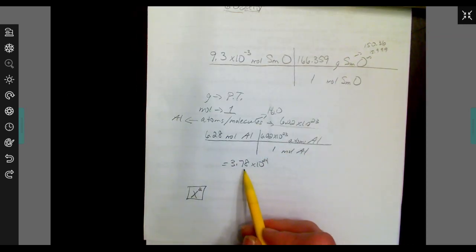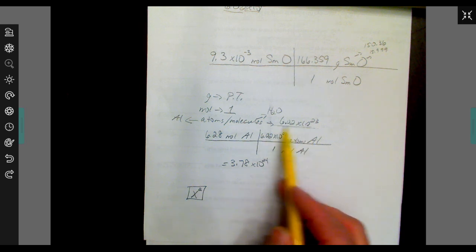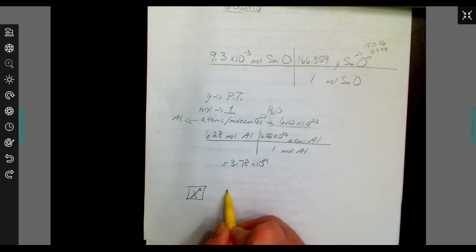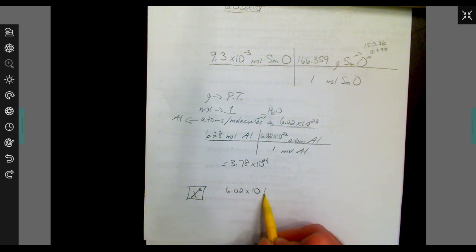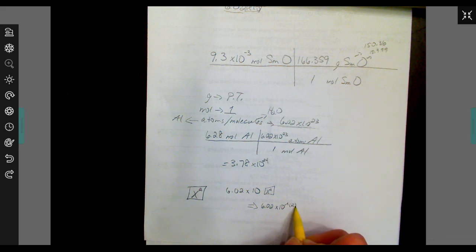If you want to enter Avogadro's number in scientific notation, you would type 6.02, then hit times, then 10, and then hit that x squared button. That gives you something that looks like 6.02 times 10 raised to the, and then it'll be squared because you hit x squared.